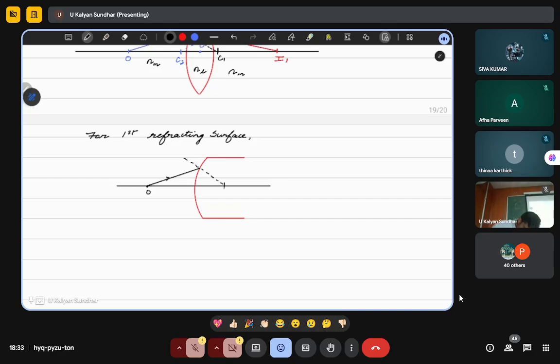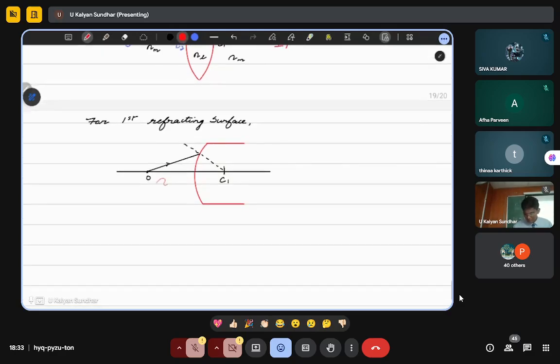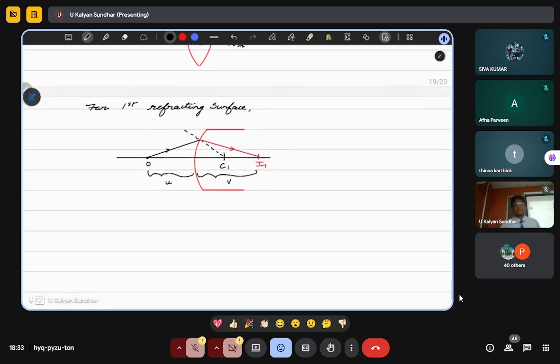And இதோட center of curvature இங்க இருக்கும். And this is your C1 value. Right? And இங்க இருந்து refract ஆகிறது இங்க போய் விழும். And this is the image formed by the first surface. So this is U, and this will be your V value. Correct, sir? So U வந்து சேமா தான் இருக்க போகுது. Now V is the one which will be changing, so shall I write this as V dash?